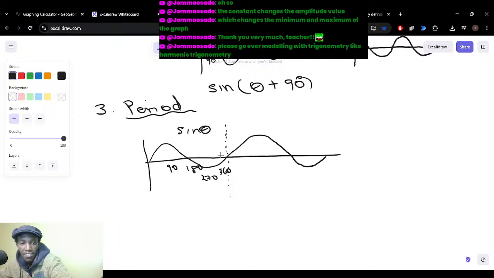For the first 360 degrees, our graph has completed its cycle, right?